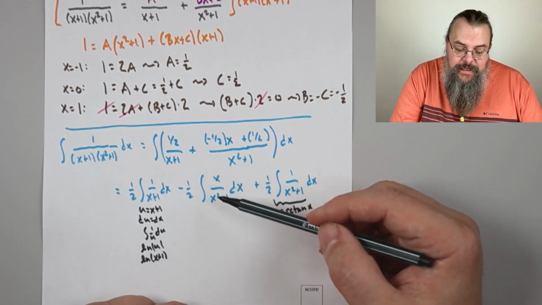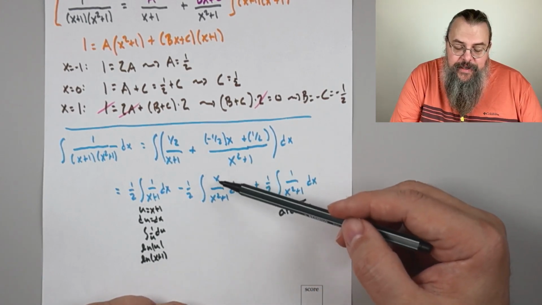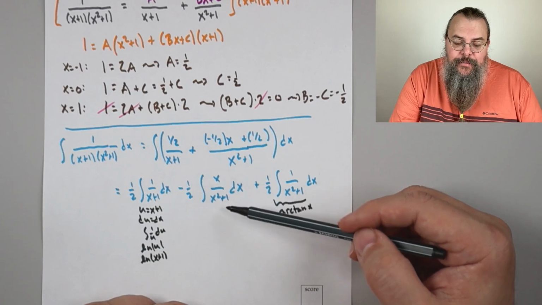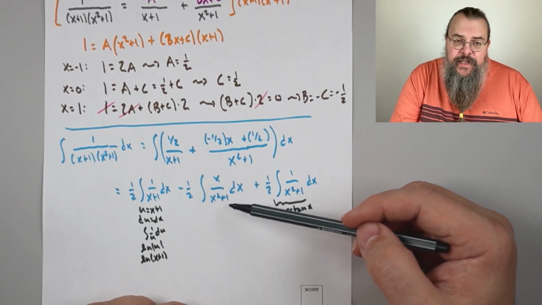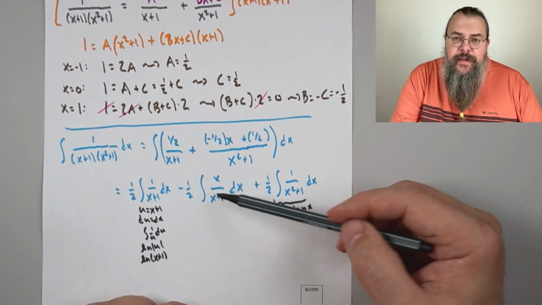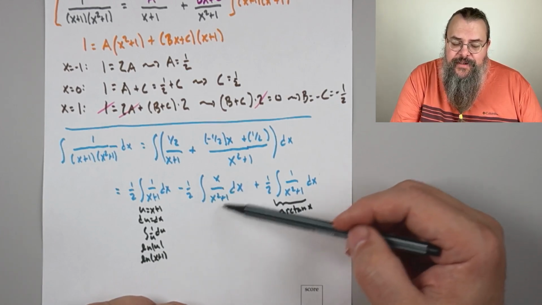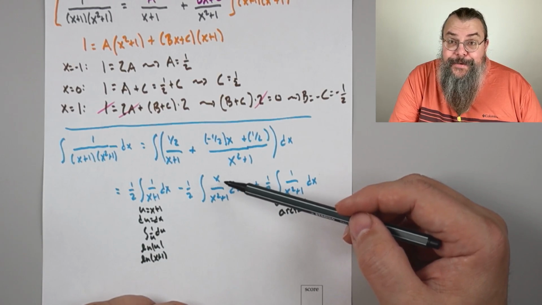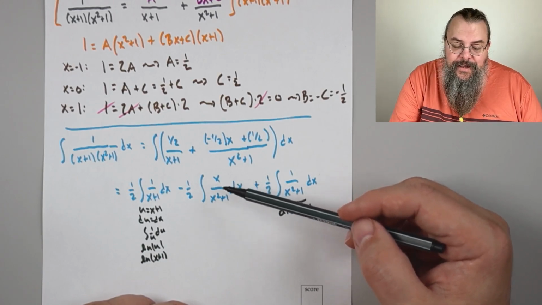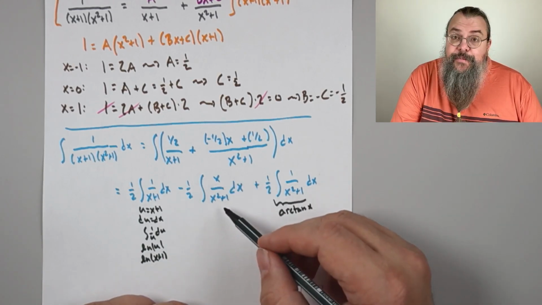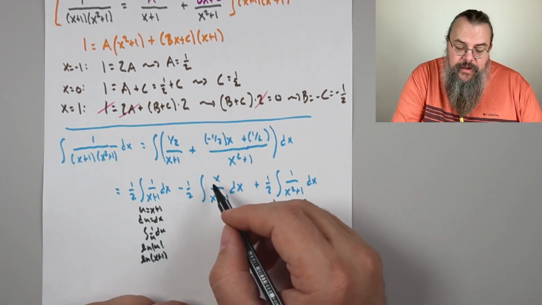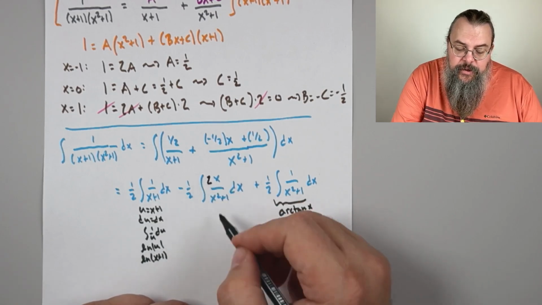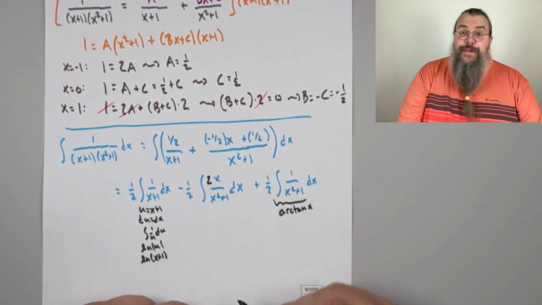How about this one? Well, we have to be careful here. It's not arctangent because of the x. But we think about it as something downstairs, something upstairs. Whenever you see that, you say, well, what would happen if I took the derivative of the downstairs? It looks a lot like the derivative of the upstairs, right? And what is the derivative of x squared plus 1? 2x. So let's make it a 2x by putting a 2 here. And you're like, you can't just put a 2 there.